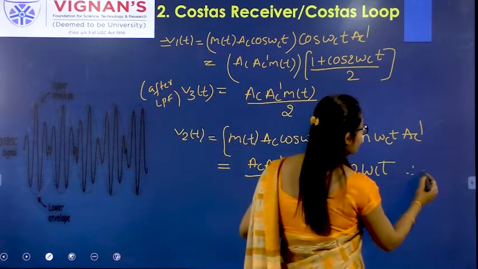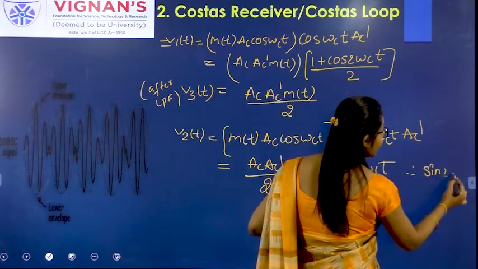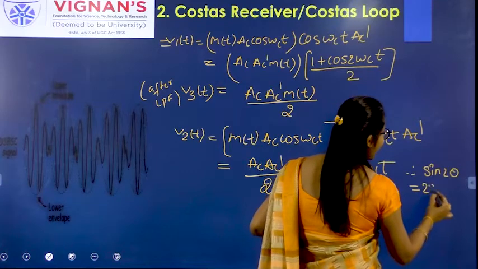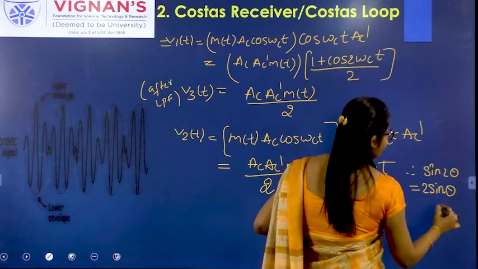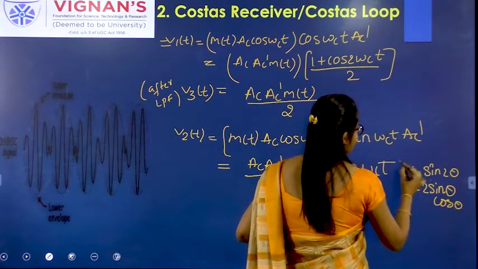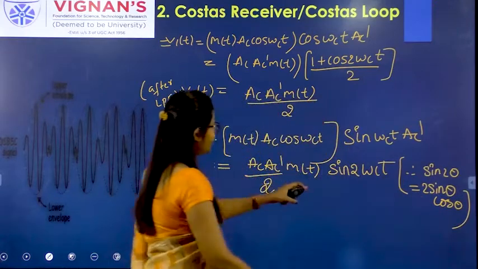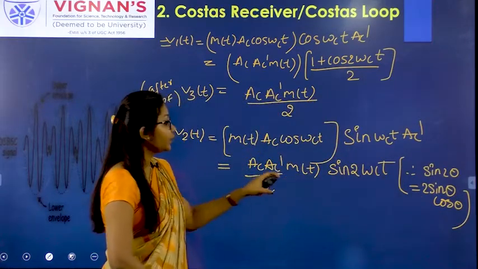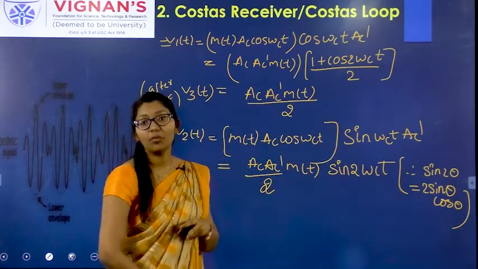I am writing the formula here, sin 2 theta equal to 2 sin theta cos theta. That one I have written. So the final output is AC dash by 2 m of t sin 2 omega ct.